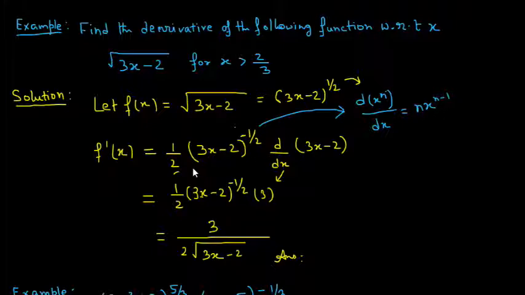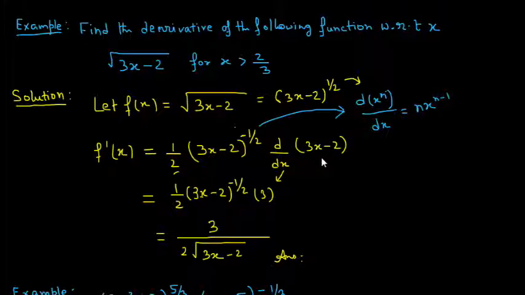So using this formula, half is in the place of n and 3x minus 2 is in the place of x. Using the same formula, we have half (3x minus 2) to the power minus half.